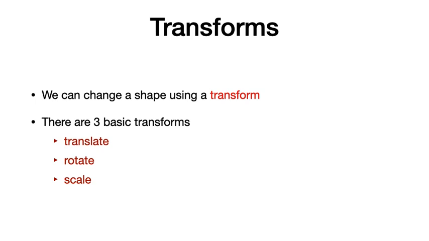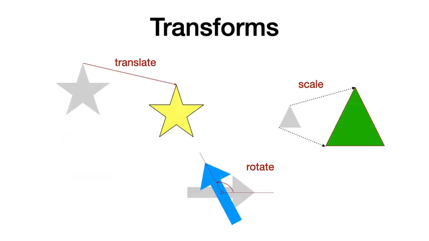They're called translate, rotate, and scale. Here's what they look like. Translate is what we use to move a shape from one place to the next. So we can move the star from here to here.